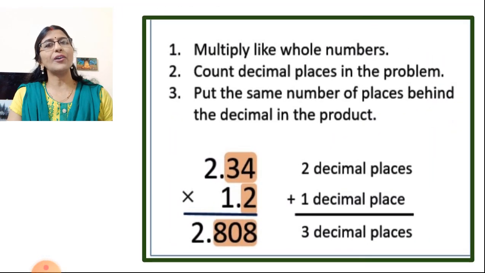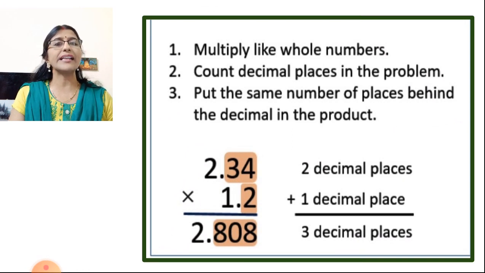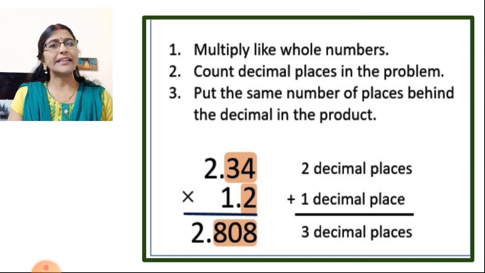Next we are going to learn about multiplication of two decimal numbers. So here you can see an example: 2.34 is multiplied by 1.2. When we multiply these two decimal numbers, first you have to follow these steps. First step is you have to multiply it just like whole numbers, which we have already learned.